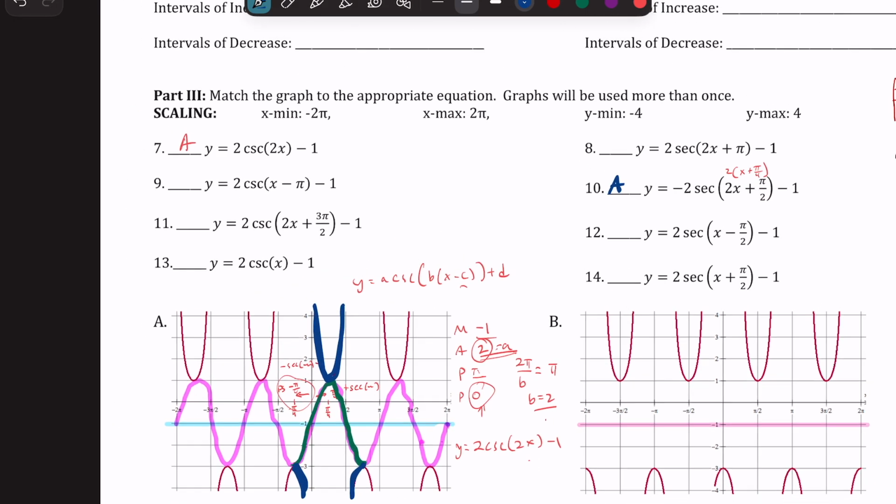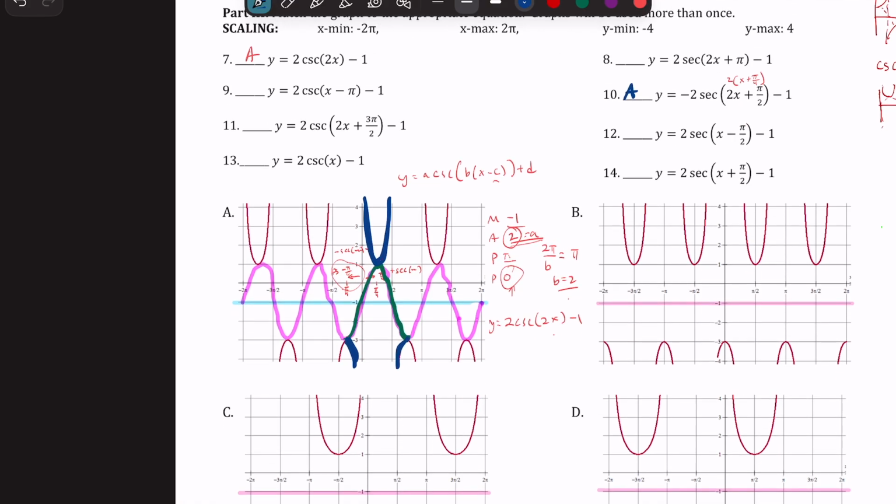So you can do similar things with these. The big thing here is go ahead and draw in the sine and the cosine, and then go at cosecant from the sine or the cosine. Cool? Great. I'll even draw this one in.